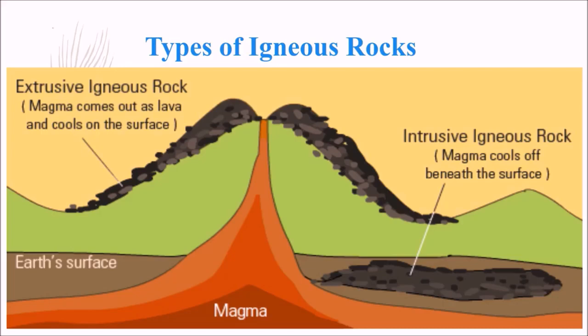Extrusive igneous rock means magma comes out as lava and cools on the surface, whereas intrusive igneous rock means magma cools off beneath the surface.